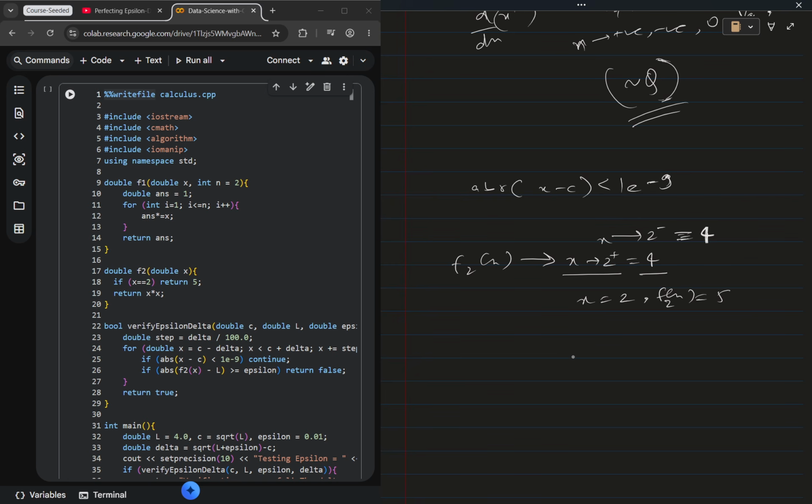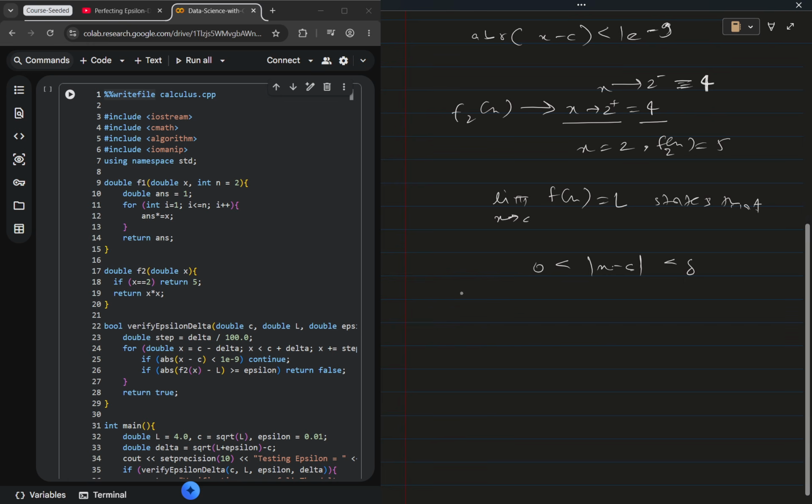So what you can do is change this from limit x tending to c of f x equals L. This states that 0 less than mod of x minus c less than delta, and you have mod of f x minus L less than epsilon.